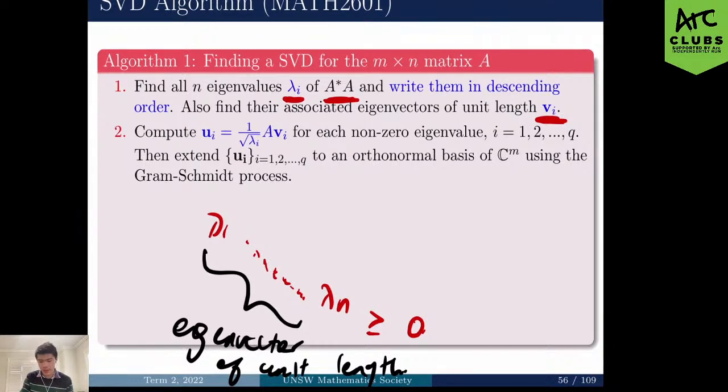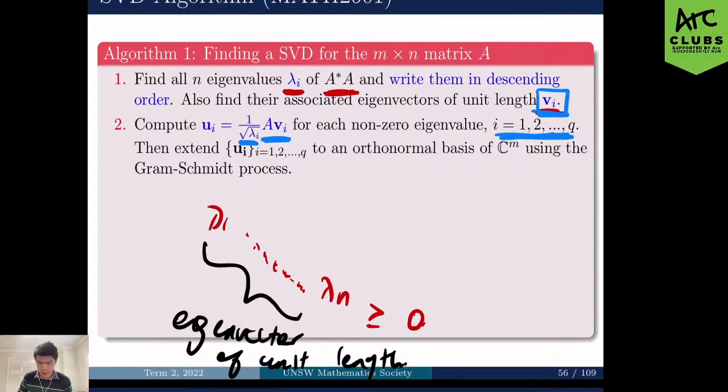So for each of these eigenvectors which have non-zero eigenvalue, you calculate this. You apply the matrix to it, and you divide by the square root of the eigenvalue. Okay, and then you extend this, because you won't actually get a full basis all the time. This thing over here, i equals 1, 2, all the way down to q, basically tells us the rank of the matrix.